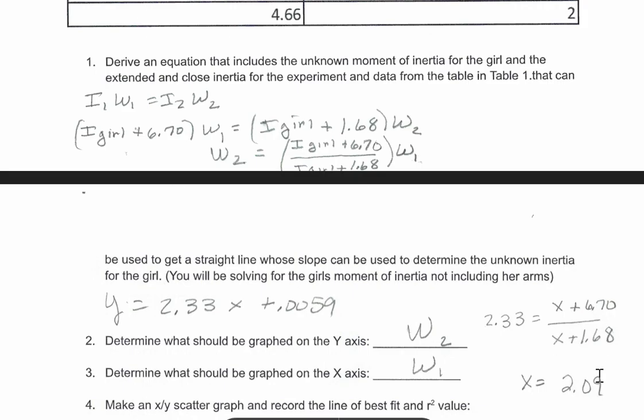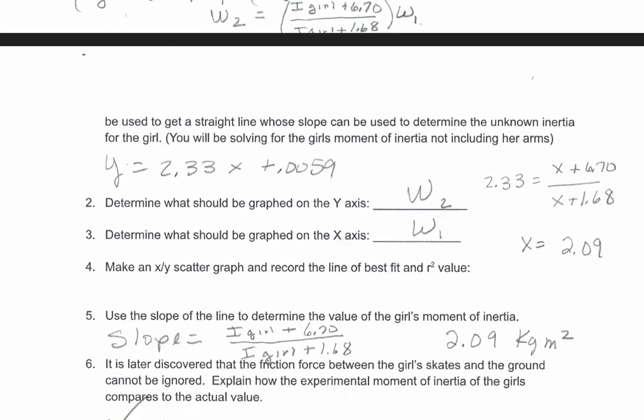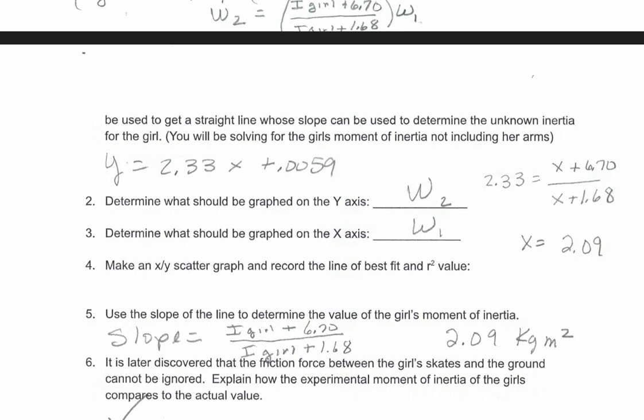And the slope is 2.33. I solved for x and got 2.09. So 2.09 kilogram meter squared is the moment of inertia of the girl's body, the center part of her body. It does not include the weights or her arms.